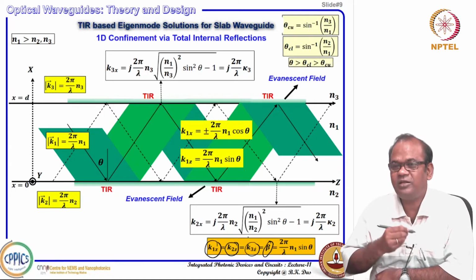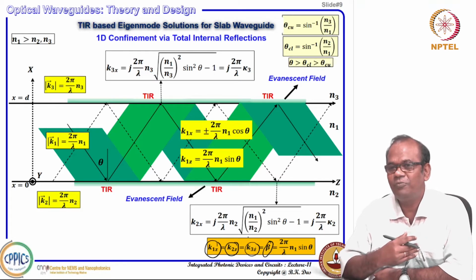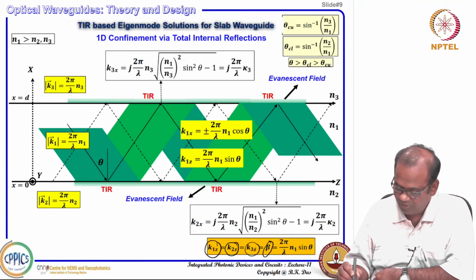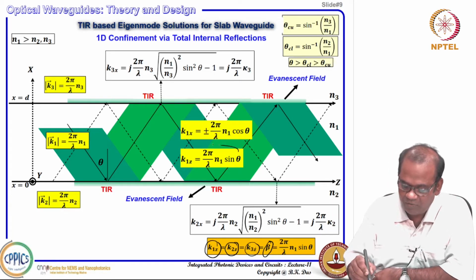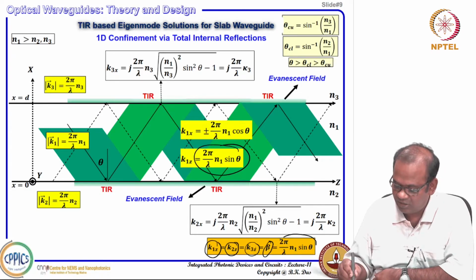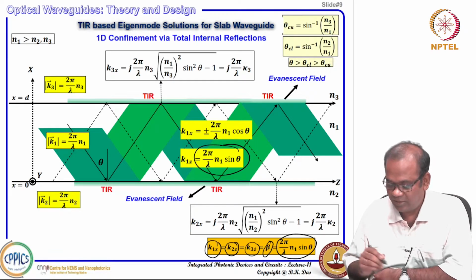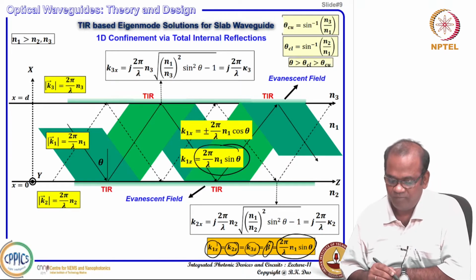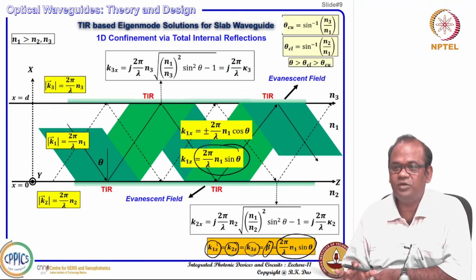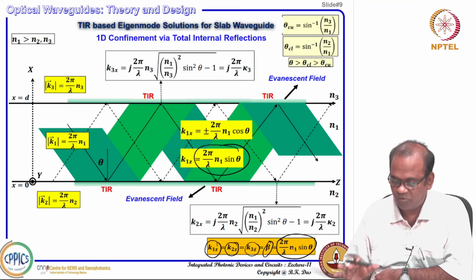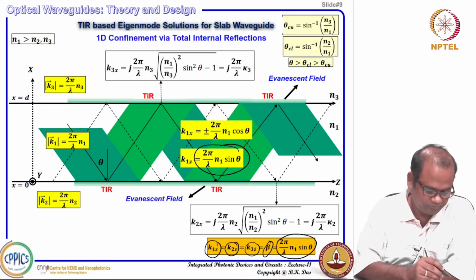We can say the effective propagation constant along the propagation direction. That is nothing but k1z, which is equal to k2z, which is equal to k3z. So, we write like this. Fine. These are the things we need to understand more rigorously in future.